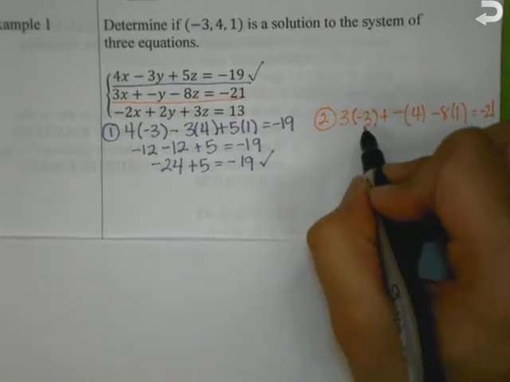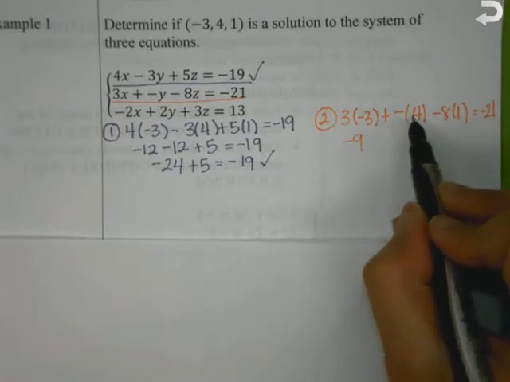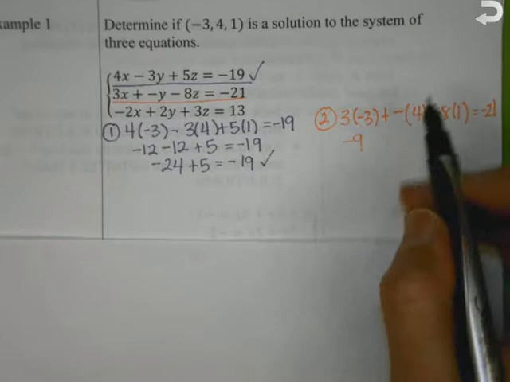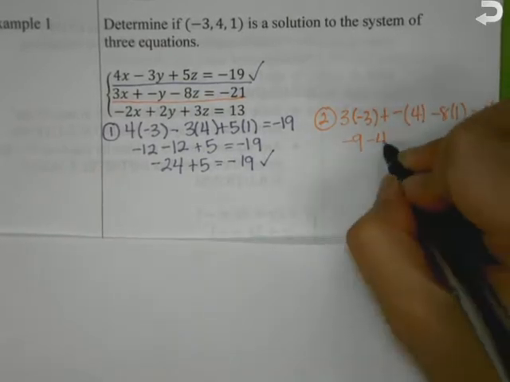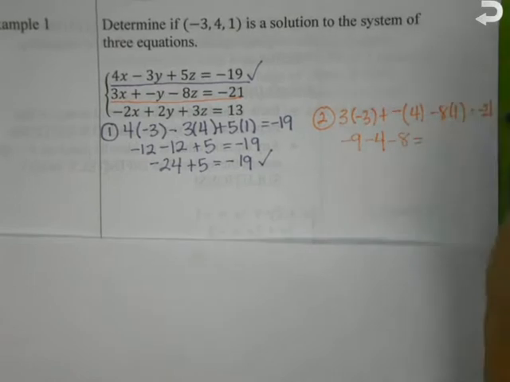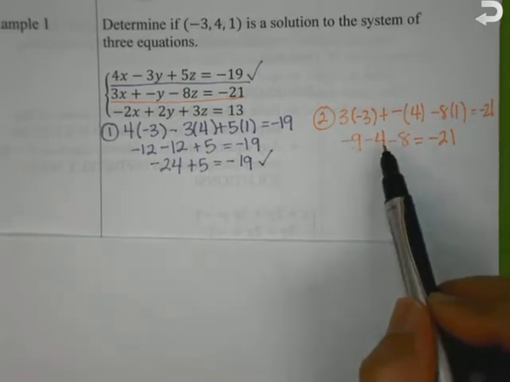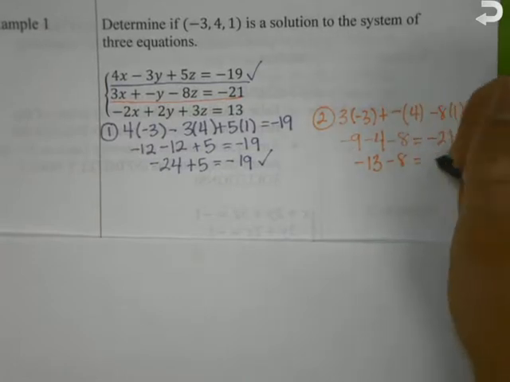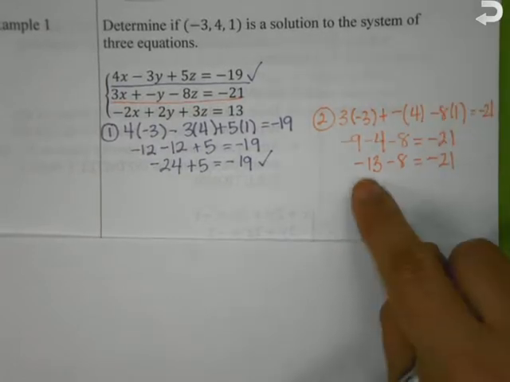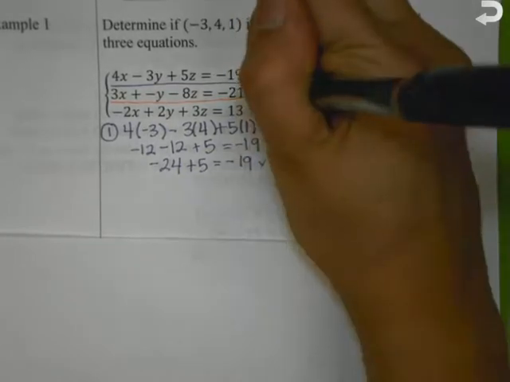Okay, 3 times -3 gives me -9. -4 plus -4 gives me -4. And -8 times 1 is going to be -8. And we want that to equal -21. Okay, -9 minus 4 gives me -13, minus 8 equals -21. -13 minus 8, what does that give me? -21. So that one works. So far we're looking good.